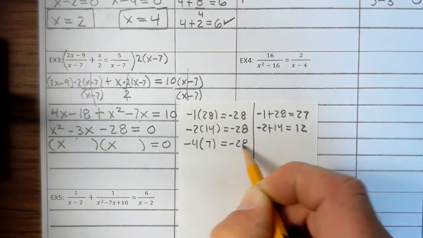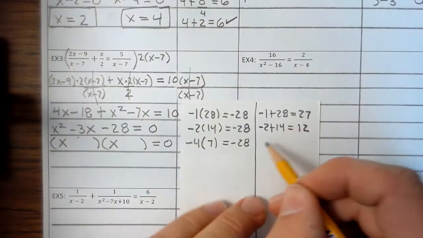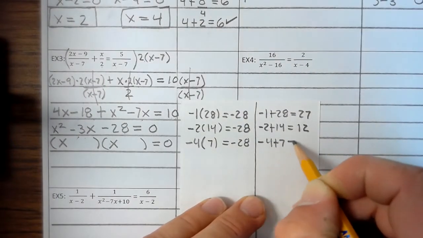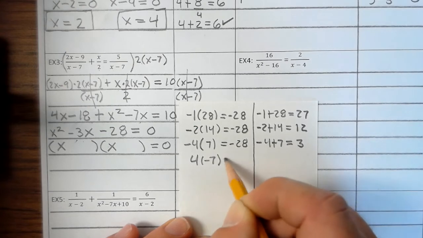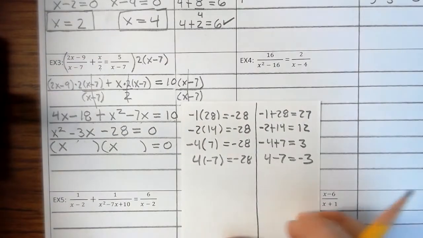Negative 4 plus 7 is 3. We got the 3, so we just change the sign. So 4 times negative 7 is negative 28. 4 minus 7 is negative 3. That works. So our factors are x plus 4, x minus 7.